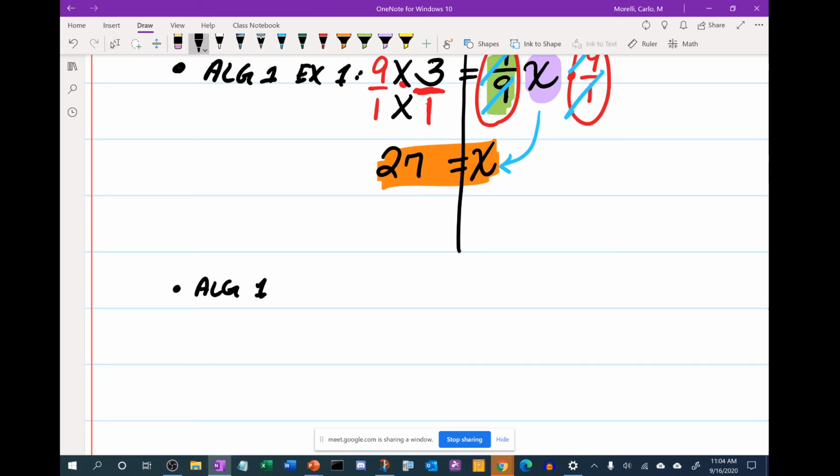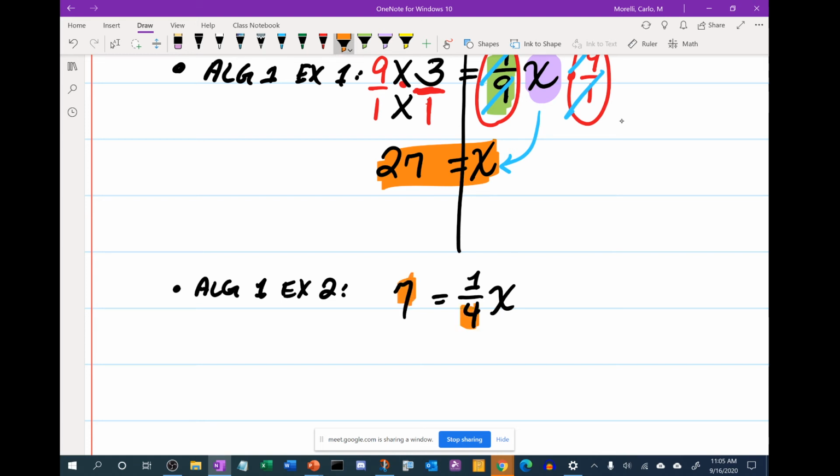Here's Algebra 1, example 2. We're going to write down 7 equal to 1 over 4x. Can anybody tell me the answer in their head? 28. Shannon, did you see that? Jose? So what they did, guys, is they just went 4 times 7.